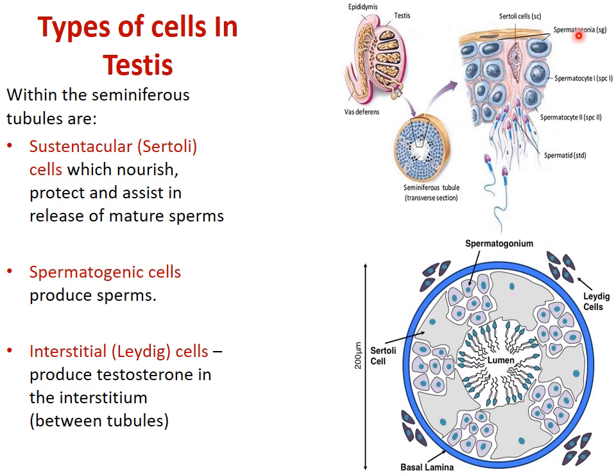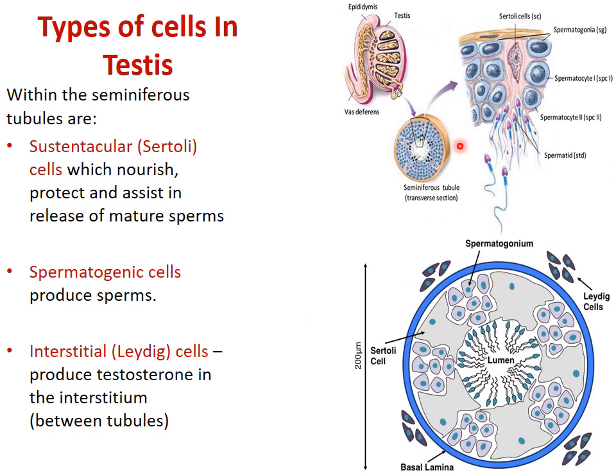So from spermatogonia, to type 1 and type 2 spermatocytes, then spermatids. Spermatogenic cells produce sperms. Spermatogenic cells means spermatogonia, right? Sperm producing cells.